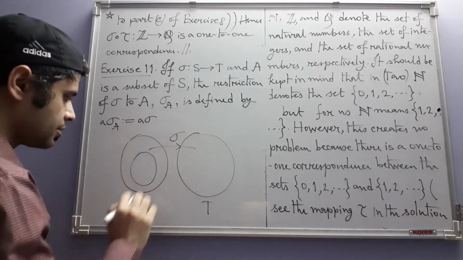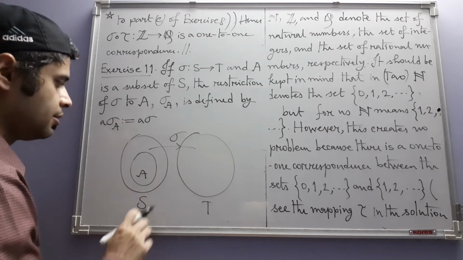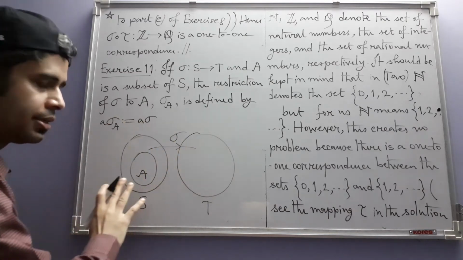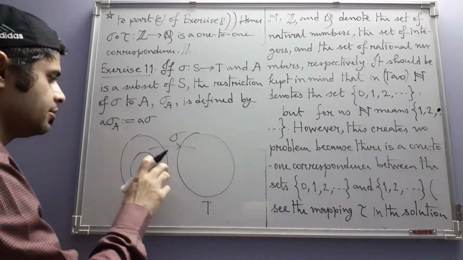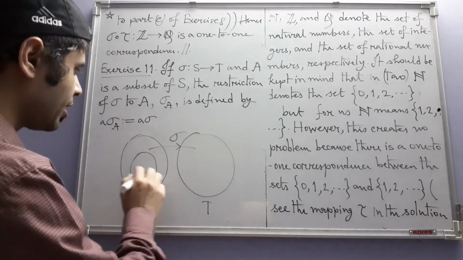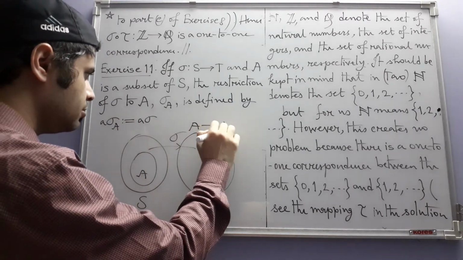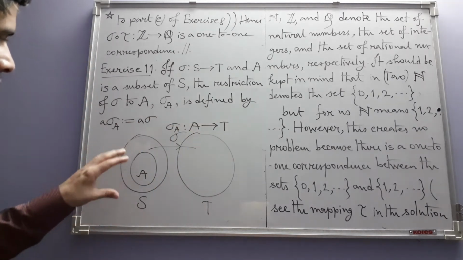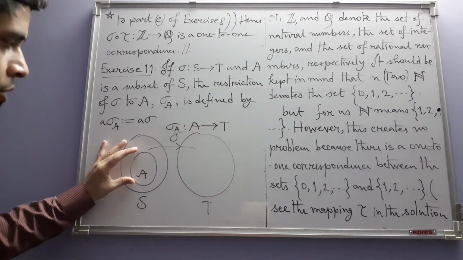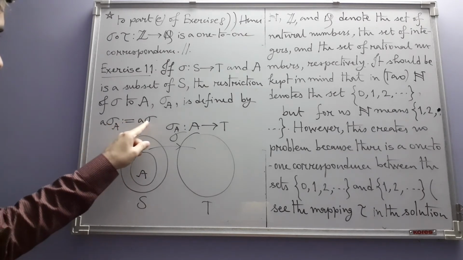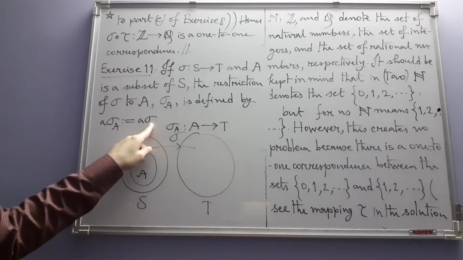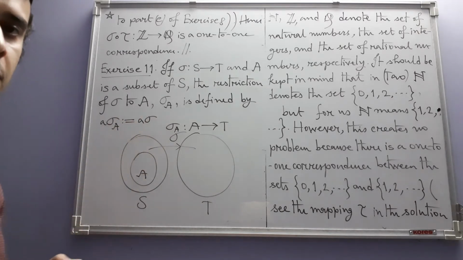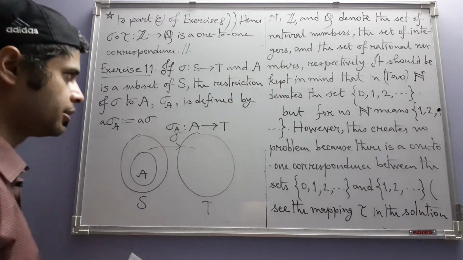Now there is a subset A of S. If instead of applying sigma on the whole set S, you apply it on a subset, you will then have a mapping from A to T, and that mapping is the restriction of sigma to A. So here the only thing we change is the domain. The definition of the function, or the formula for the function, rather I should say, remains the same. Okay, so that is called the restriction.